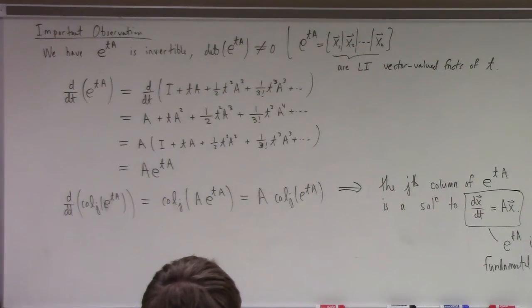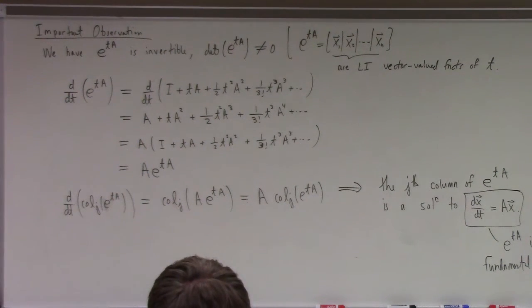For which a? The a with real eigenvalues, the a with complex eigenvalues, the a which don't have enough eigenvectors, the a's which do have enough eigenvectors, which a? All a. So this method, it gets everything we've done so far.